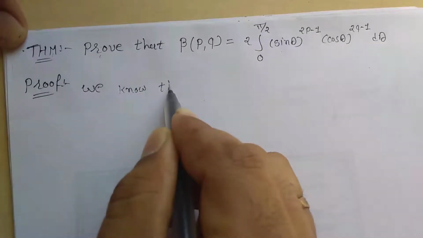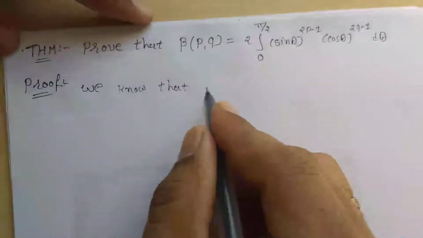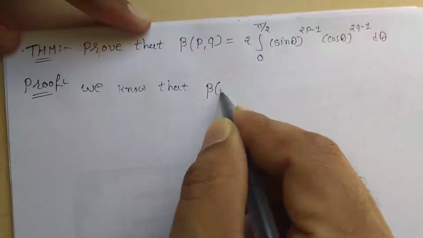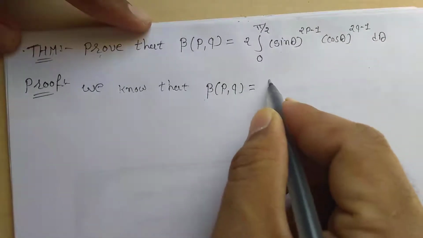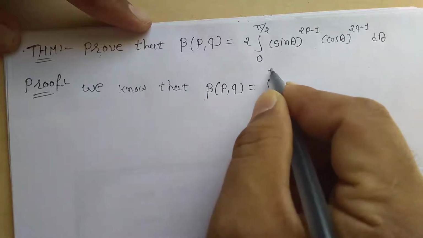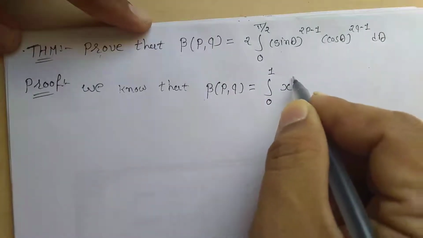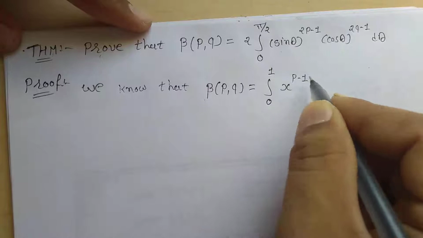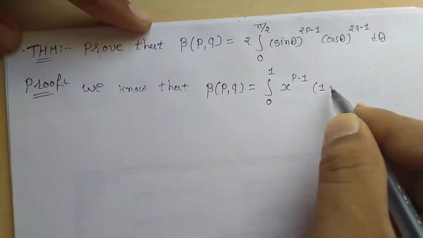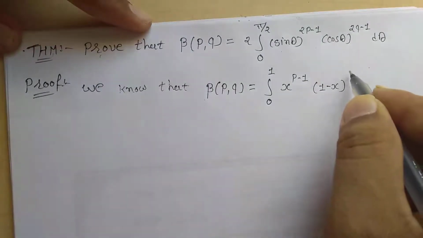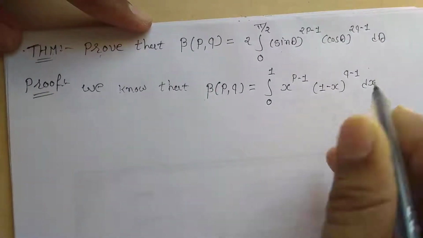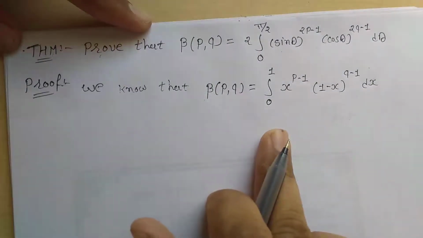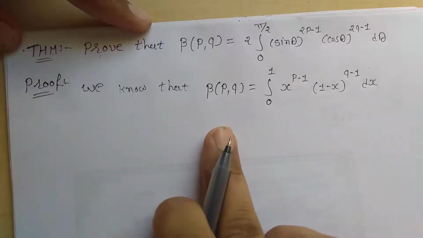We know that beta of p comma q is equal to integration 0 to 1 of x raised to p minus 1 into 1 minus x raised to q minus 1 dx. This is the definition of the beta function.